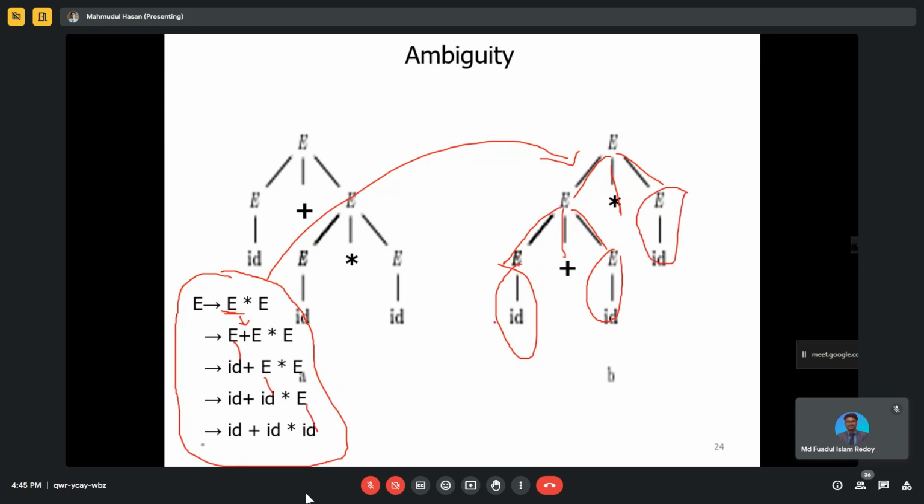So our output is ID plus ID into ID. Got it? Yes, sir.